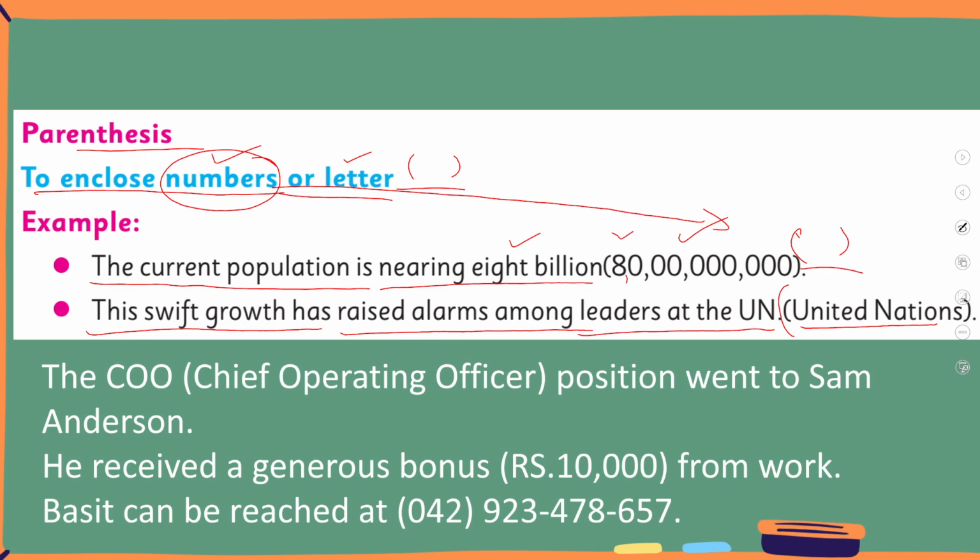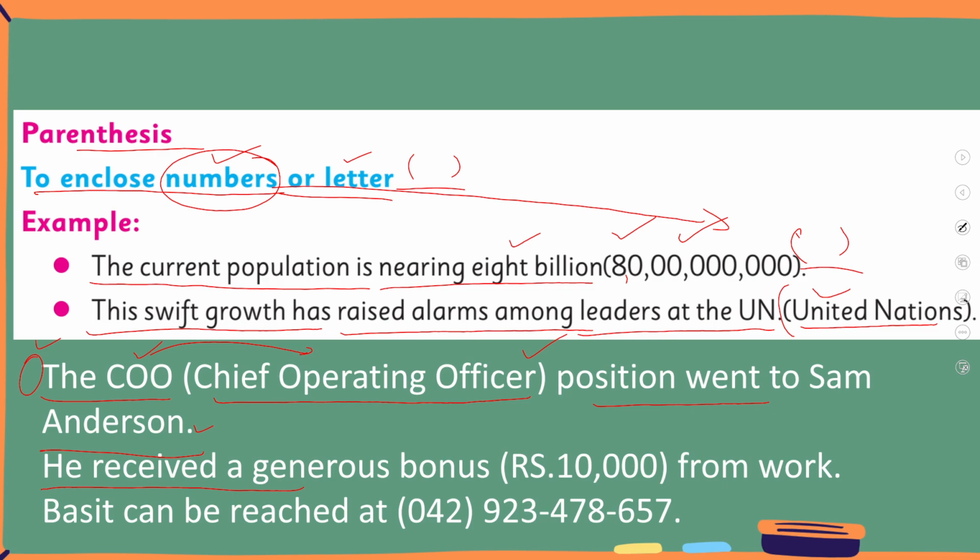So, here we are giving numerical value, numbers, and here we are giving the full forms, the abbreviations or extra information. Let's read another sentence. The COO, Chief Operating Officer, position went to Sam Anderson. Now, COO, what is the full form? If you want to explain the full form, you have to use parentheses.